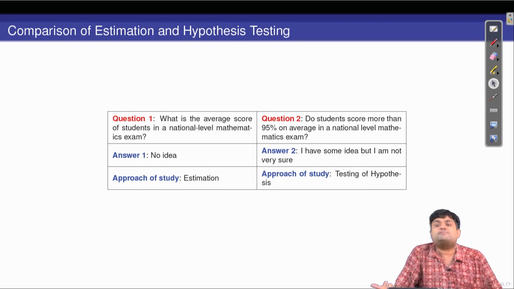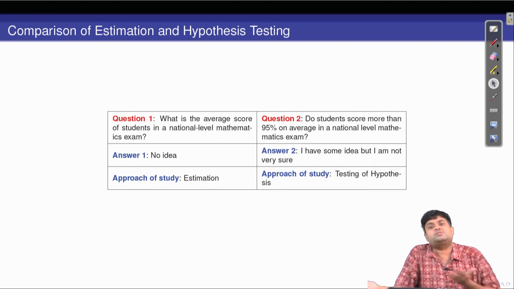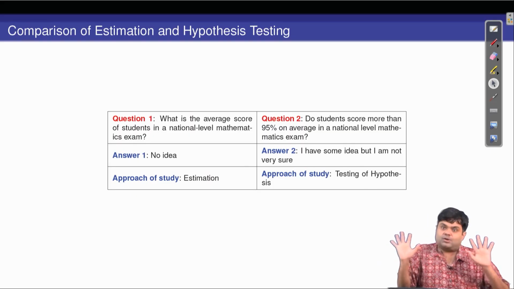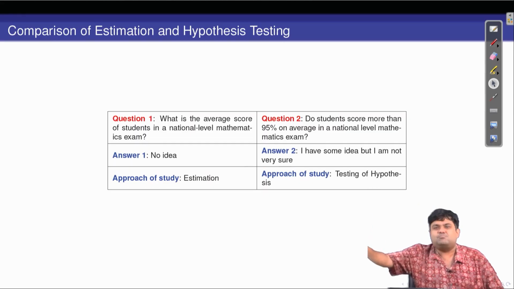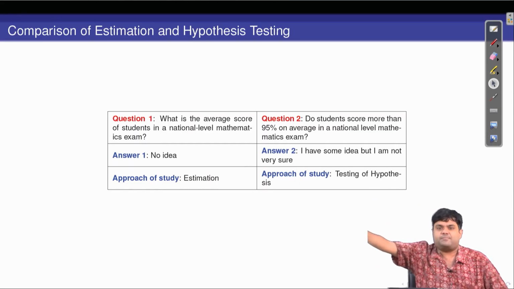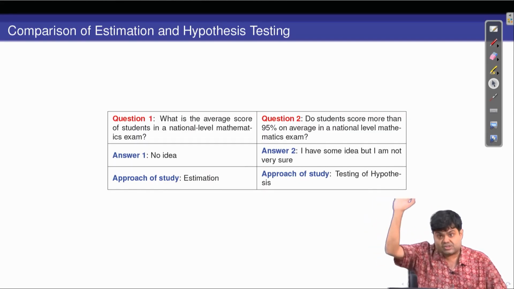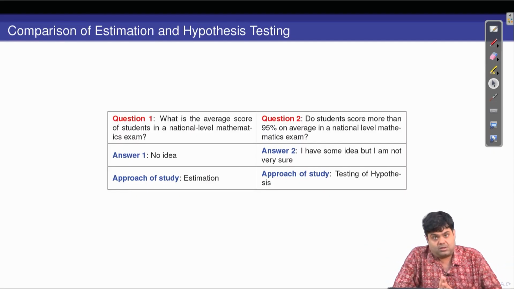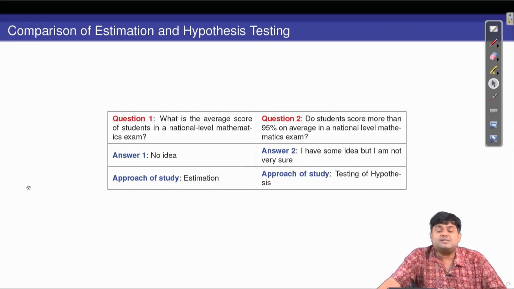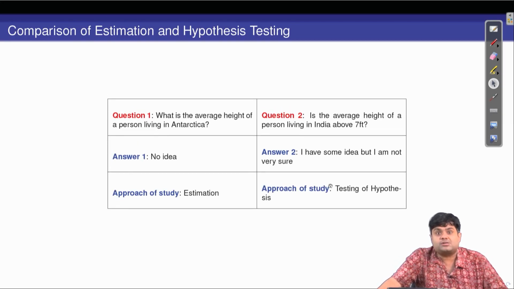Maybe that's one year where you had exceptionally good students sitting for the exam. So your inference that the average performance is definitely not above 95%, that wisdom is wrong, or there is something suspicious about the data. So, this is what question 2 is in these 3 examples.